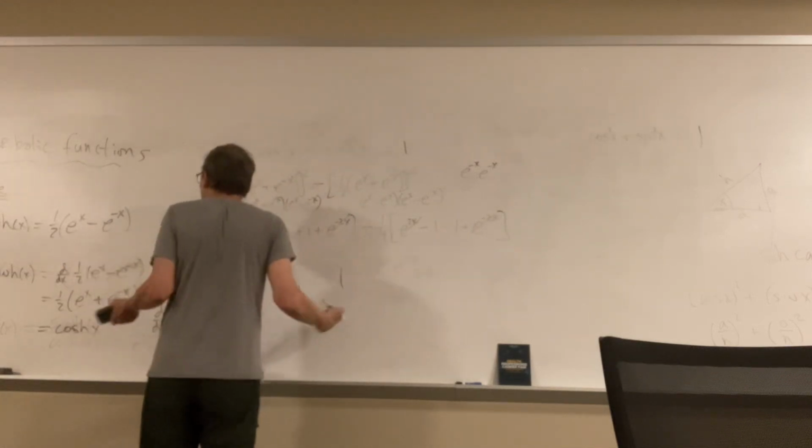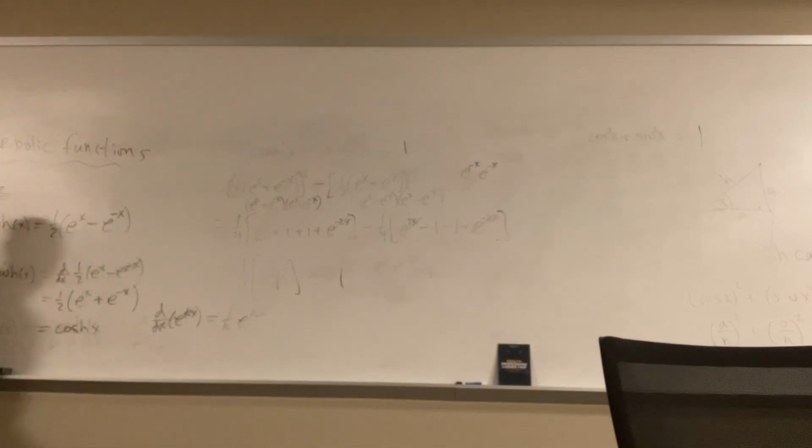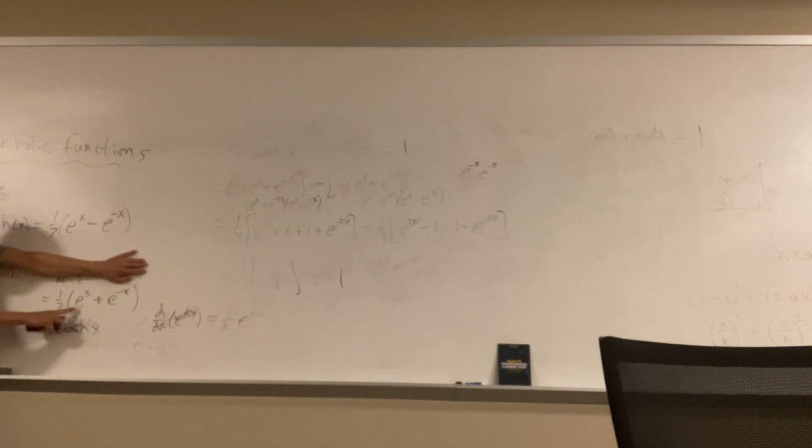And in a similar way, so your answer would be hyperbolic cosine? What's the derivative of hyperbolic sine? Hyperbolic cosine. What's the derivative of hyperbolic cosine? What changes when I take its derivative? This stays the same, right? What happens to this when I take its derivative?